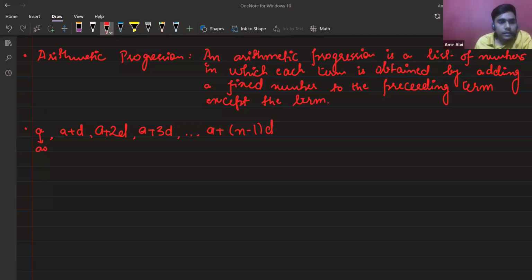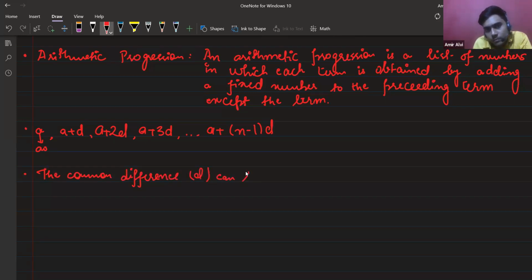One more thing is that let me write the property of D, the common difference. D can be positive, negative, or 0.